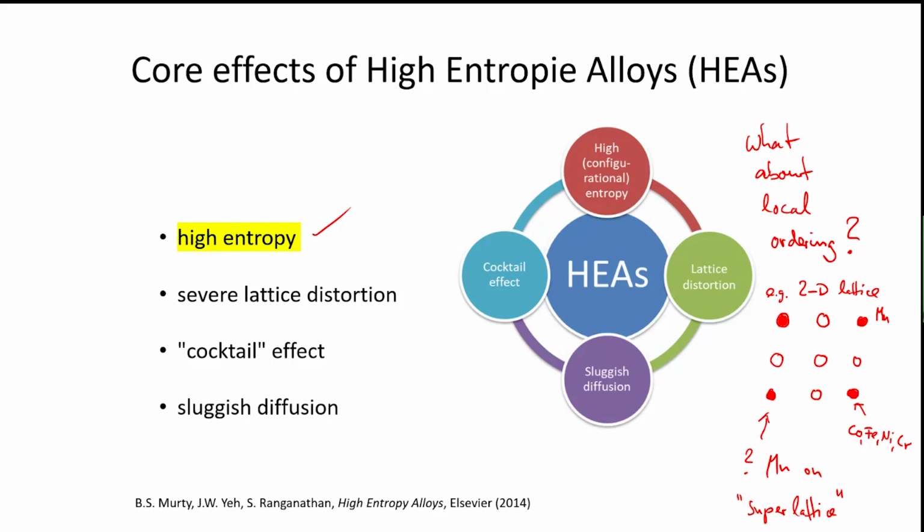It's very difficult to find out because you have to get the occupancy ratios for very similar elements. If they would not be similar, they wouldn't mix in a solid solution to begin with.